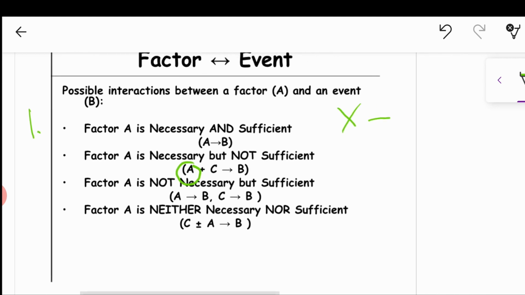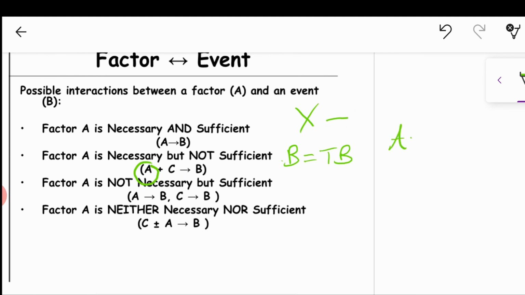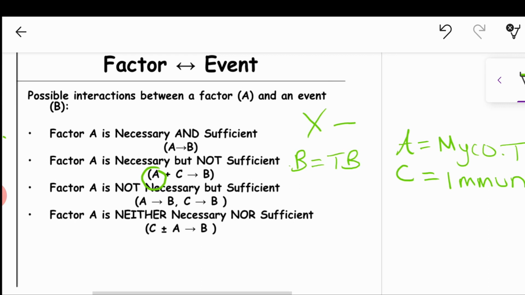So let's say B is TB. Let's say A is Mycobacterium tuberculosis. However, this isn't enough, all right? And so we need C, which is immunocompromisation. Both of these combined causes B.